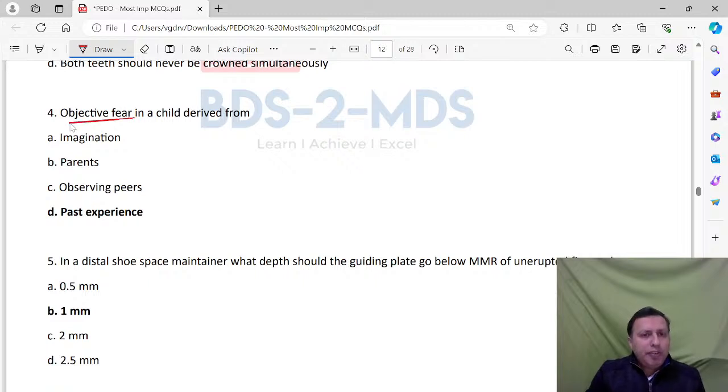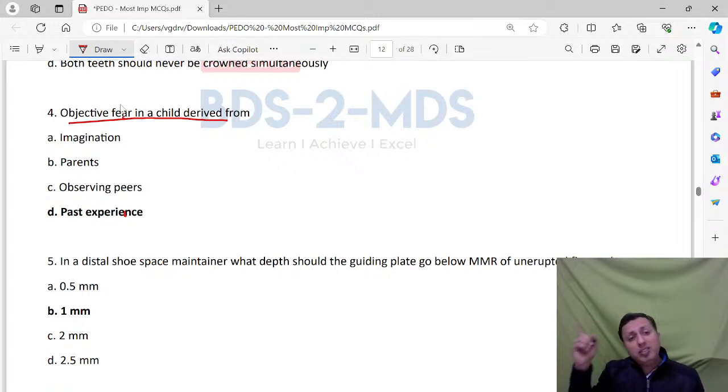Now, the objective fear in a child is derived from imagination, parents, obsessive peers, and or the past experience. Now, there are two types of fear. One is the objective fear, that is because of the past dental experience, and the next is the subjective fear, which is basically of parental origin, where we hear in the family about their experience regarding dental treatment or any medical health problem, and when the child visits the dentist, he has that same imagination in his mind.